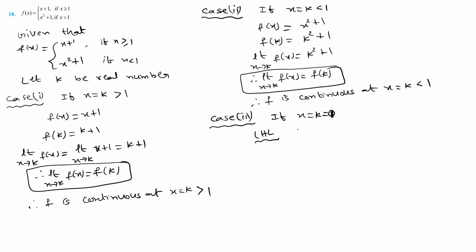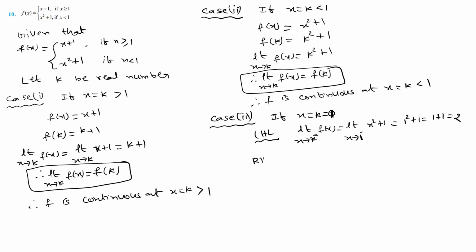That is left hand limit, limit x tends to k minus f of x is equal to limit x tends to 1 minus. So 1 minus means less than 1, we have to take that function x square plus 1 here. So in place of x, if you substitute 1, 1 square plus 1 is equal to 1 plus 1 is equal to 2.